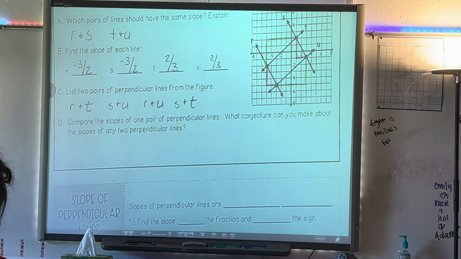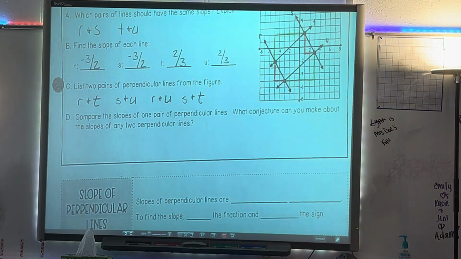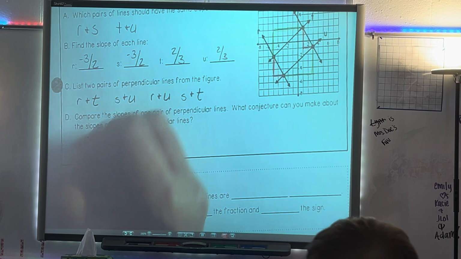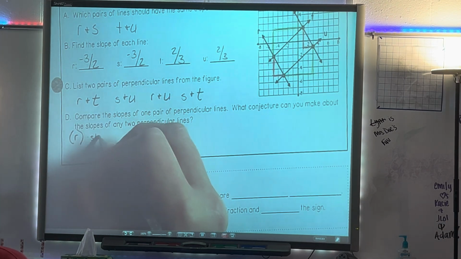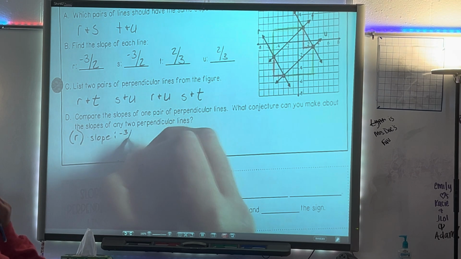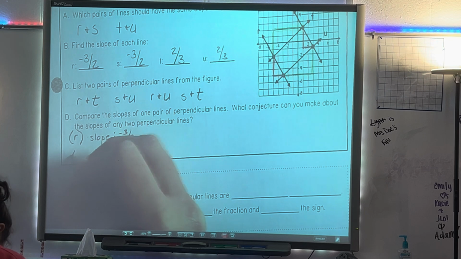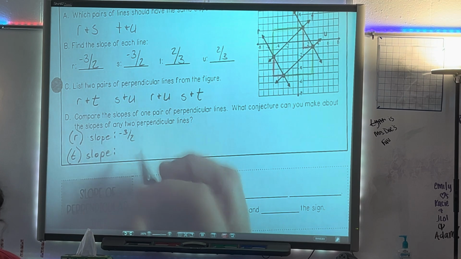All right, so then it says compare the slopes of one pair of perpendicular lines. What can you tell me about them? Let's just choose the first one we had, R and T. What can you tell me about the slope of R? Okay, its slope was -3/2, and it was perpendicular to T, and T's slope was what? 2/3.